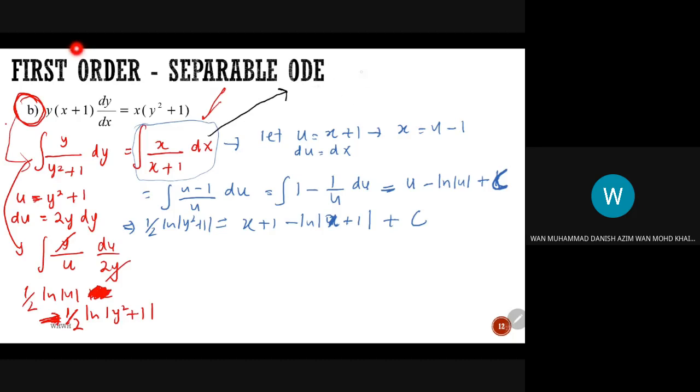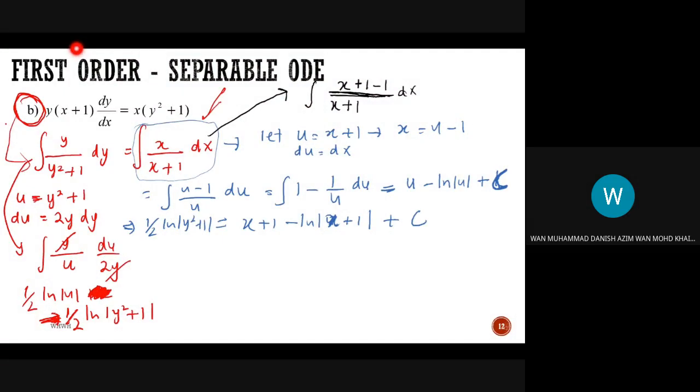Instead of using let u, it is out-of-the-box thinking. For x over x plus 1 dx, what she did was she introduced plus 1 minus 1. So x plus 1 minus 1 over x plus 1. By introducing x plus 1 minus 1, is it going to change your function or not?